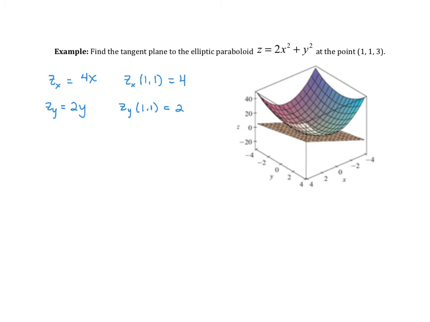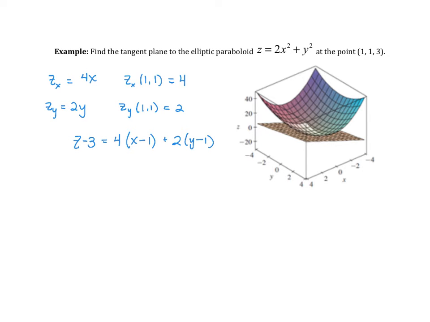So we get 2. Then the equation of the plane that I would get would be z minus 3, z minus z naught, equals my partial derivative evaluated at that point, 4, times x minus x naught, plus the partial derivative evaluated at the point, 2, times y minus y naught.